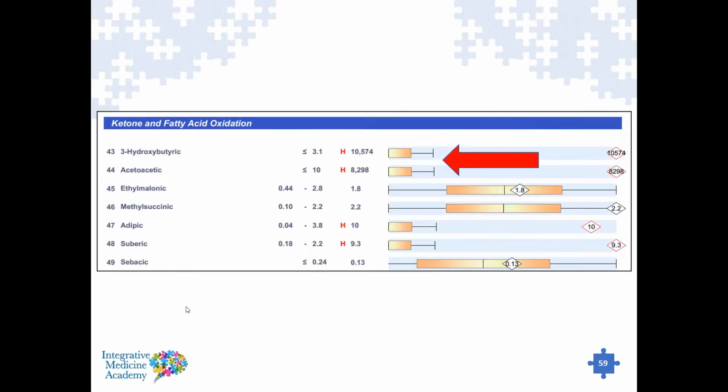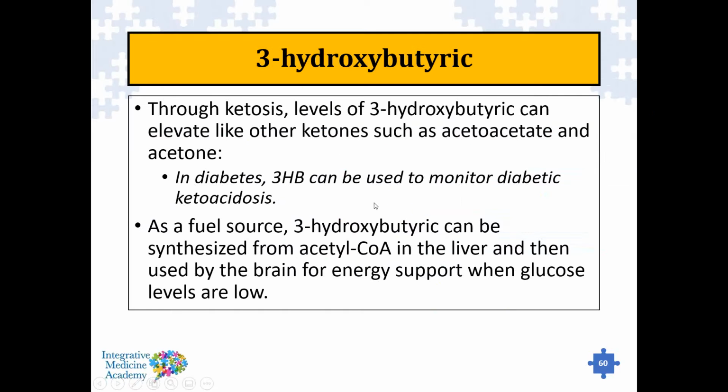So what's happening in a scenario like this? Well, 3-hydroxybutyric can be elevated like other ketones. It's actually linked to ketosis in people who have diabetes. In fact, 3-hydroxybutyric is often used to monitor diabetic ketoacidosis.